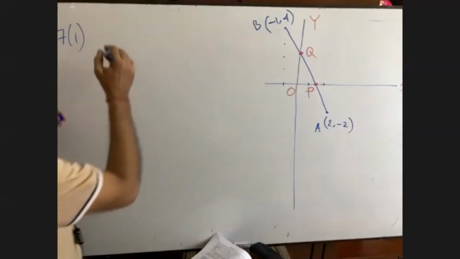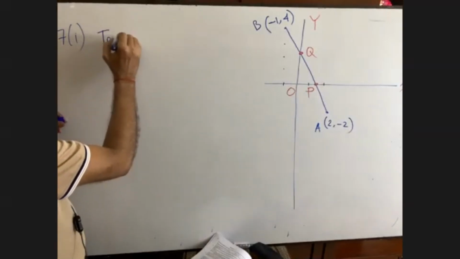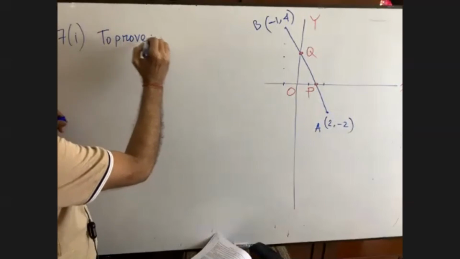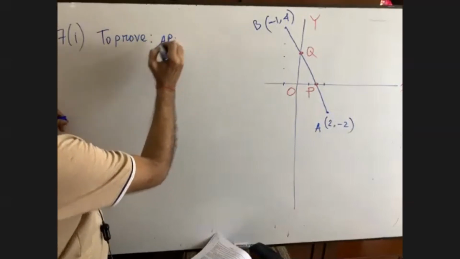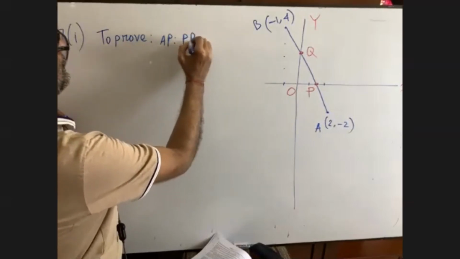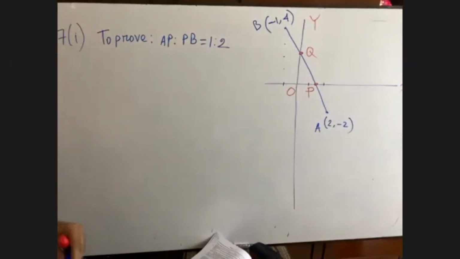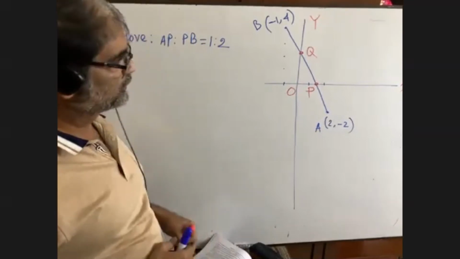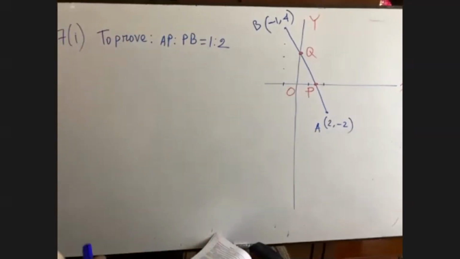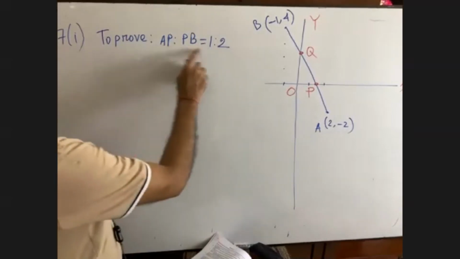To prove, write down: AP is to PB is equal to 1:2. Can you do it? We have to prove this.